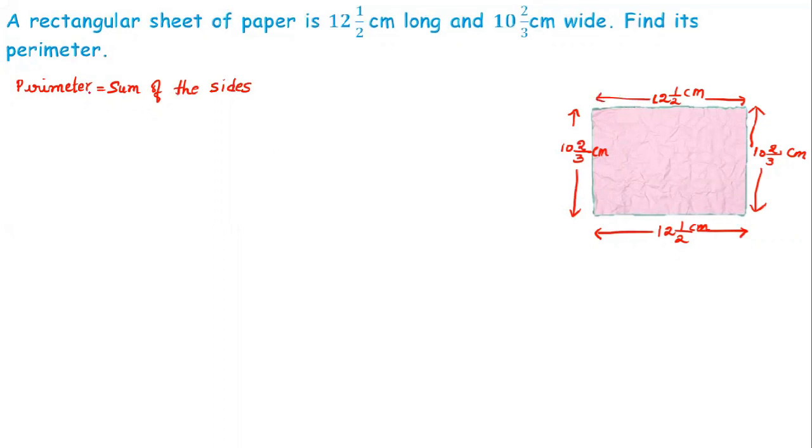Now to find the perimeter, we have to find the sum of the sides. Perimeter is equal to the sum of the sides. Add 4 sides. I will start from here.